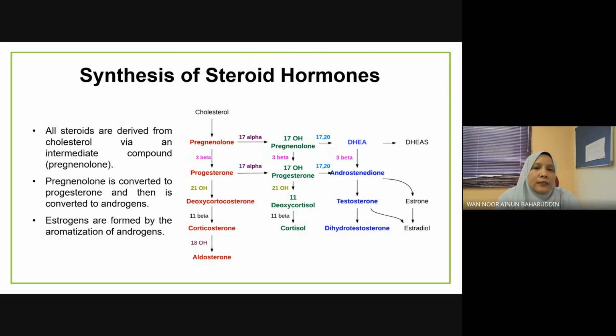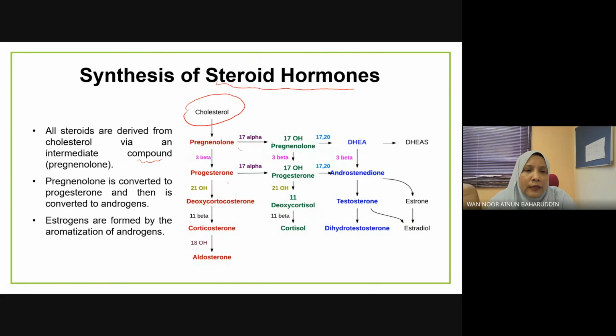Like before, synthesis of steroid hormone is from cholesterol. This compound, the name of the intermediate, we call pregnenolone. Pregnenolone will be converted into progesterone and then converted to the androgen.